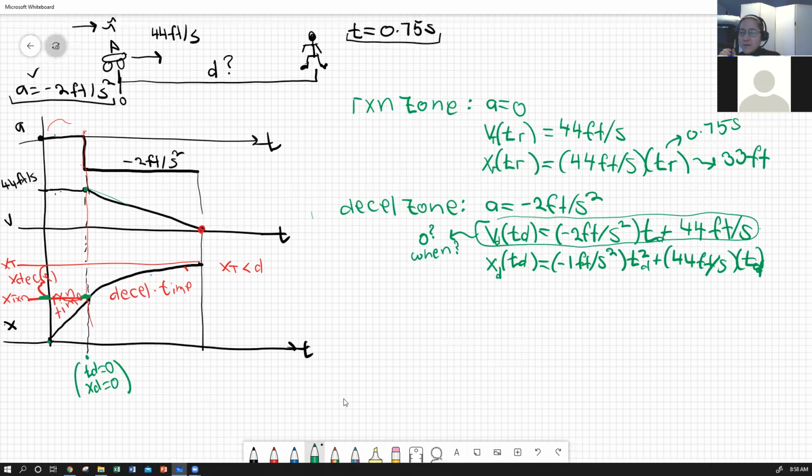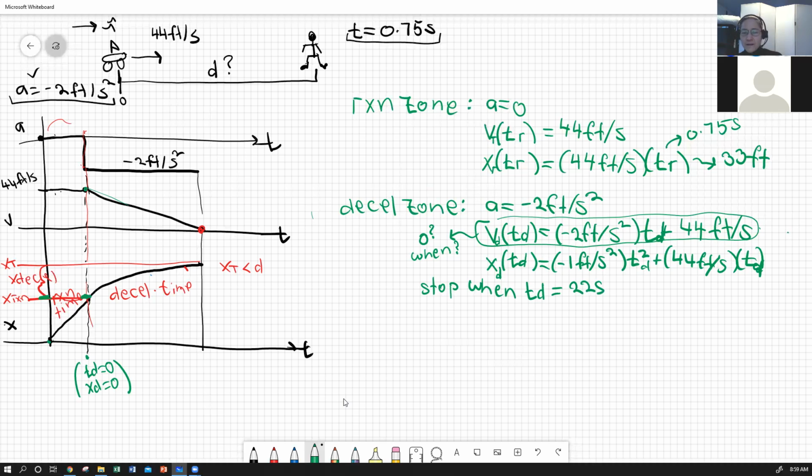We set this equal to 0. 44 goes to the other side with a negative. We divide by -2 and we get deceleration time equals 22 seconds. So we stop when the time from the onset of deceleration is 22 seconds.